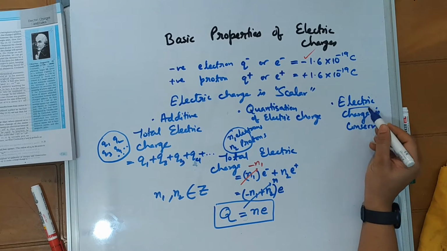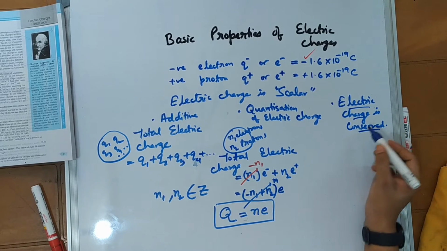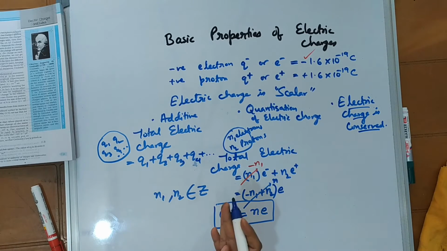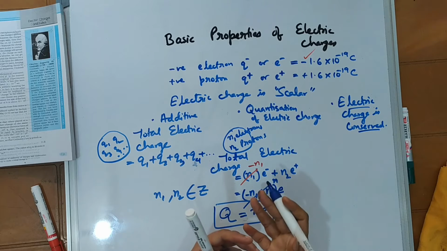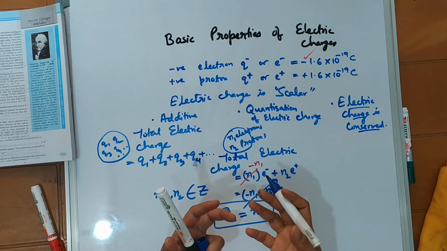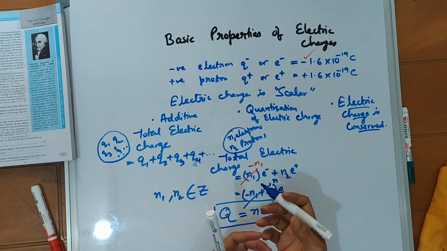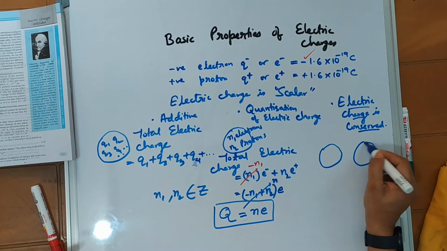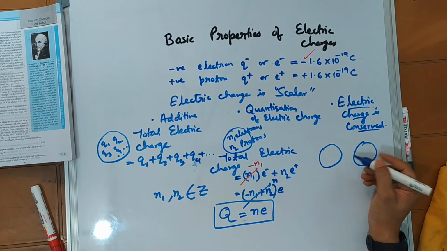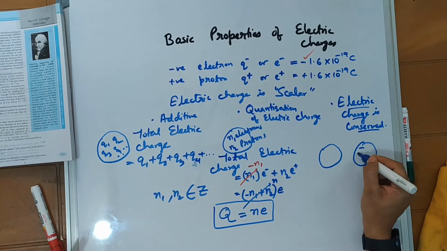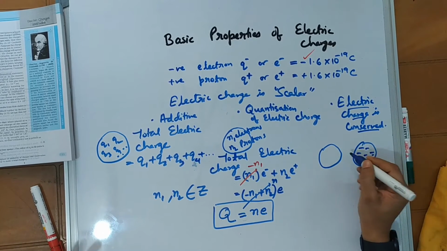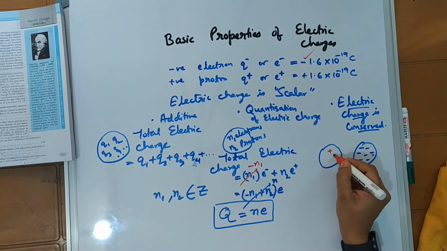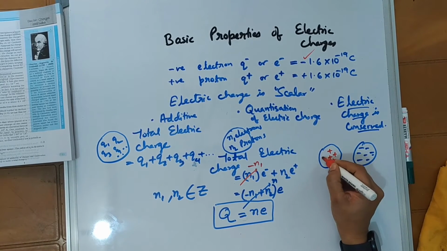The third property is that electric charge is conserved. When amber is rubbed with silk or fur, things are electrified or electrically charged: one of the objects loses electric charge and another gains. The one that gains is negatively charged and the one that loses is positively charged.